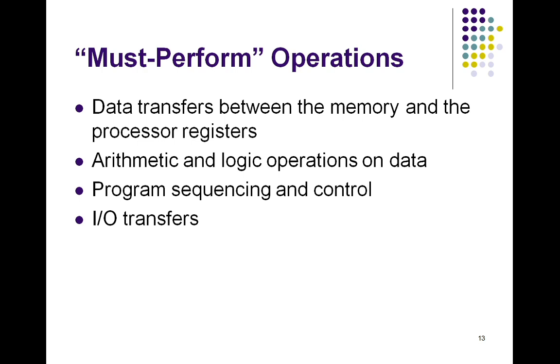Each instruction should perform these four operations. First one is data transfer between the memory and the processor registers. Second one is arithmetic and logic operations on data. The third one is program sequencing and control. And the last one is I/O transfers.